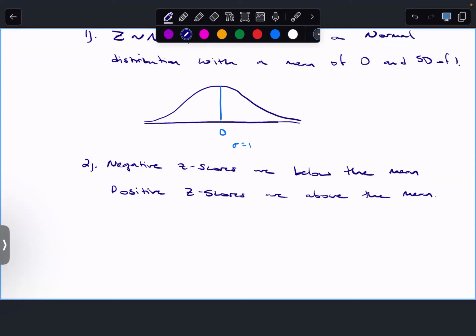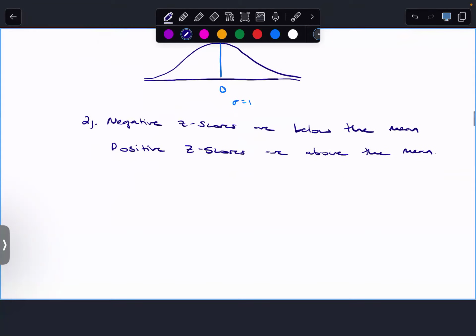What is a z-score? So the z-score, it tells us how many standard deviations above or below the mean it is. So let's do z equals x minus mu over sigma, right?